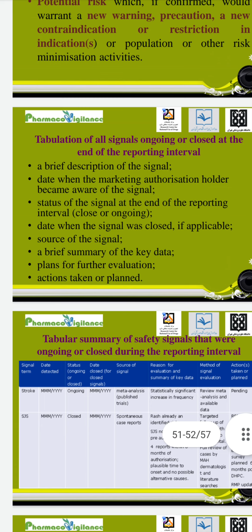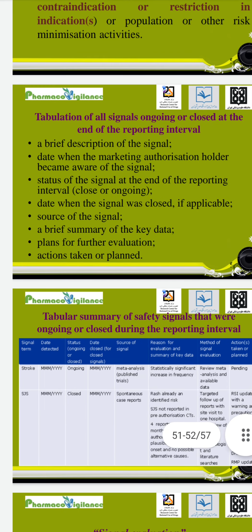A status of the signals at the end of the reporting interval, and the date when the signal was closed. We should date them, and if applicable, the source of the signal. What is the source of our signals? A brief summary of the key data, plans for further evaluation and action taken.